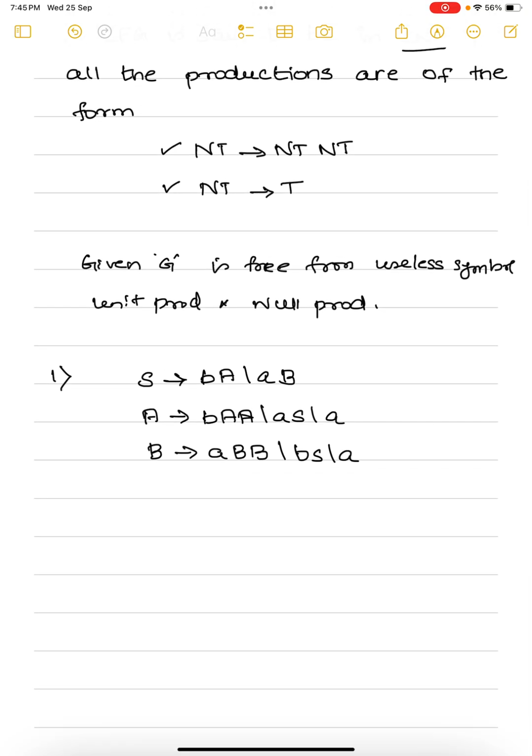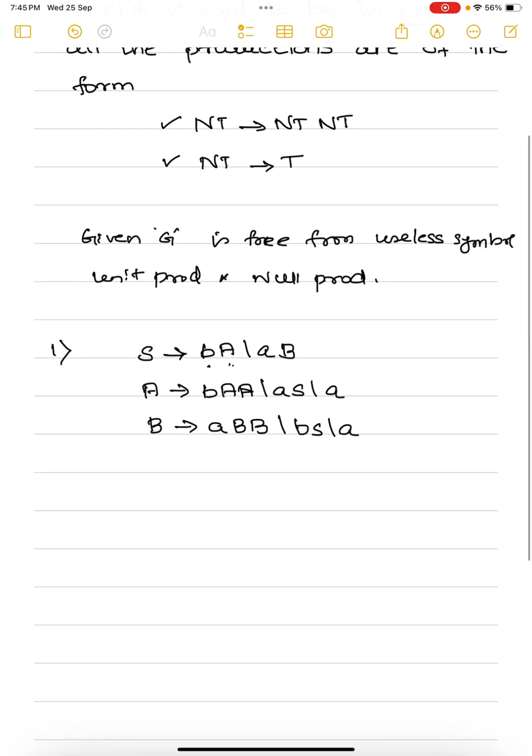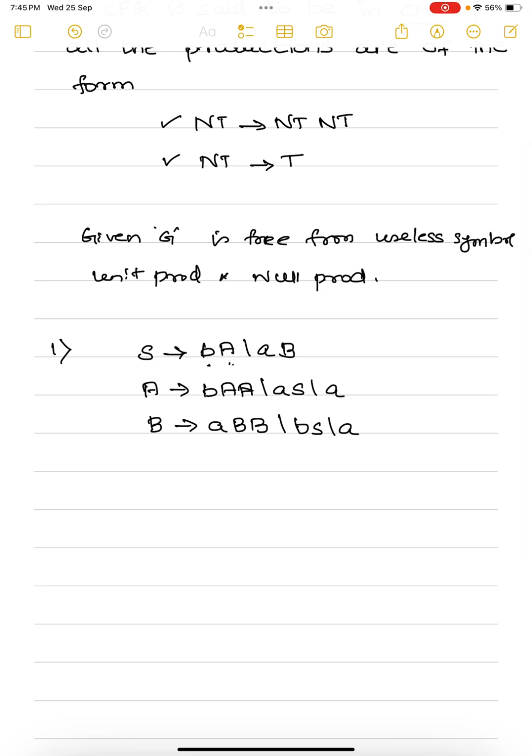This is not in Chomsky normal form because the right-hand side of a production should contain either a single terminal or two non-terminals. Here you have a terminal and a non-terminal. Definitely this grammar is not in Chomsky normal form, so we need to convert it.